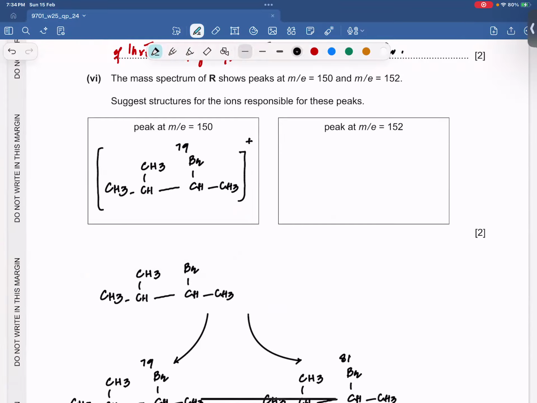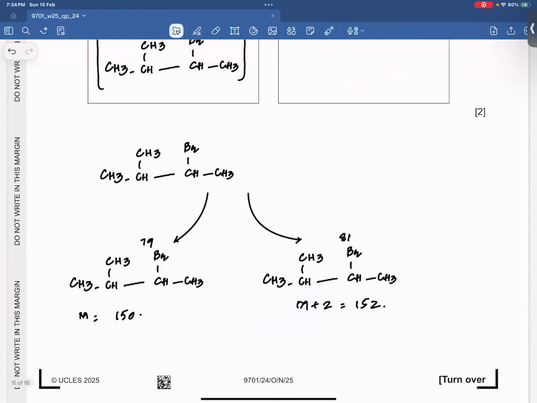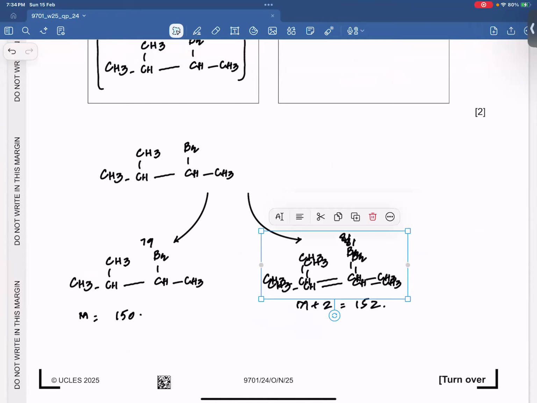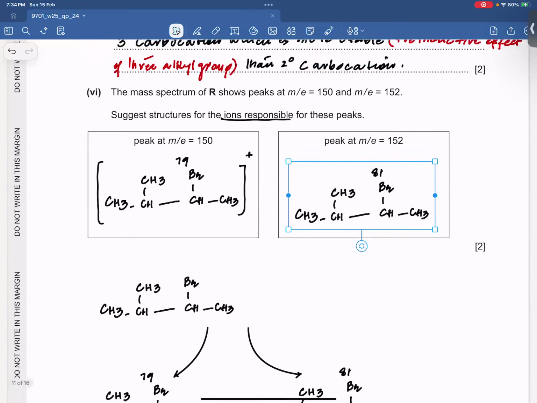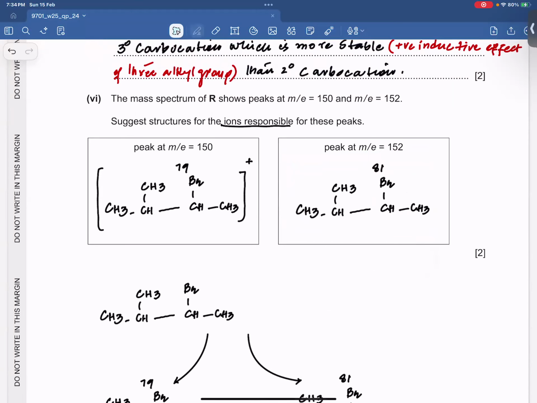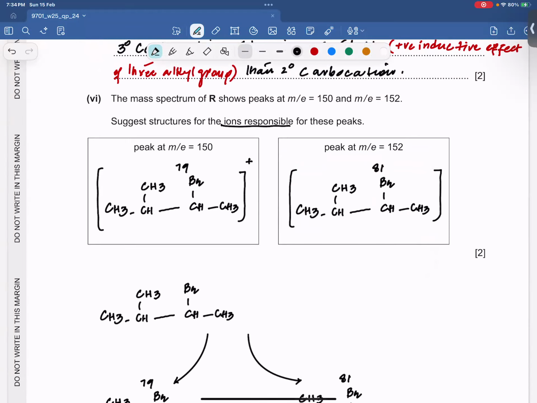Okay, because the examiner is looking for the ion responsible. You need to mention positive charge on them, on the bracket. Okay. So that's the whole case.